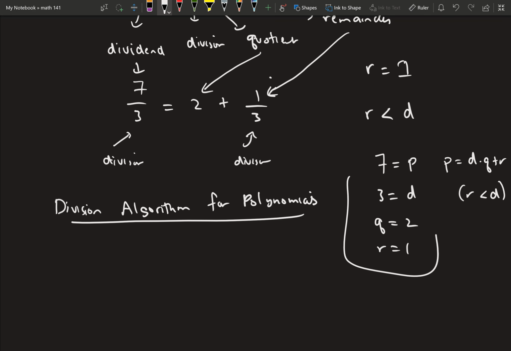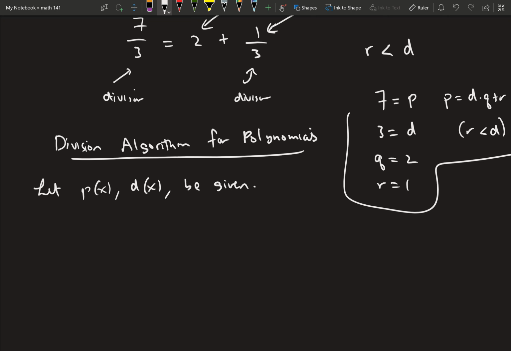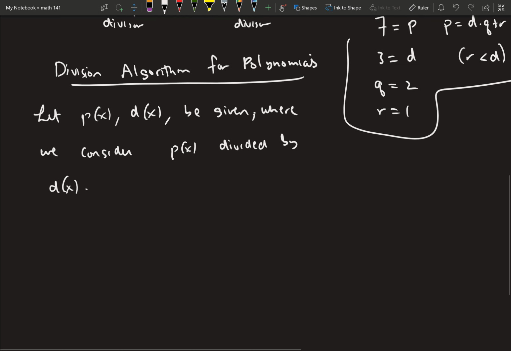So that's kind of the story for numerics, and we do a similar story for polynomials. So let p of x, d of x be given, where we consider p of x divided by d of x, just like we were considering 7 divided by 3.